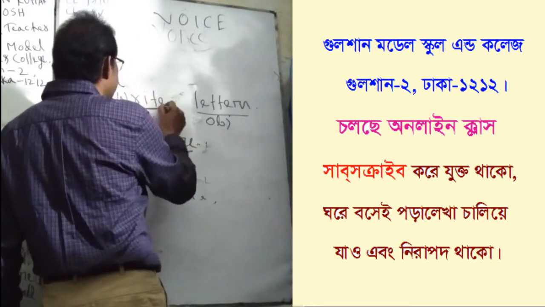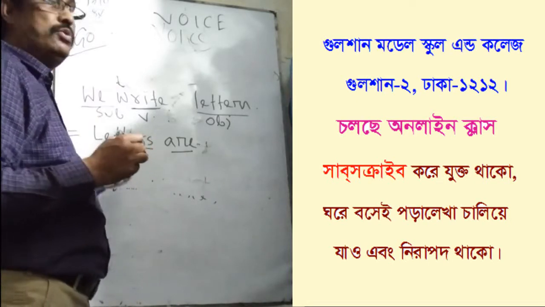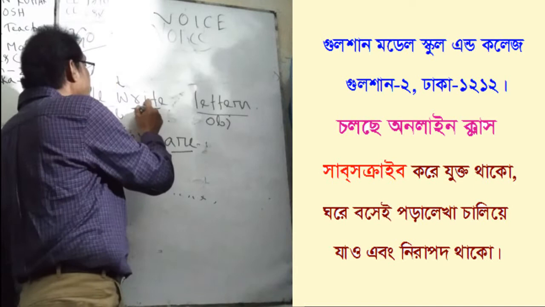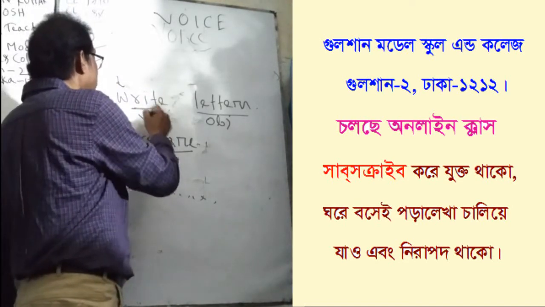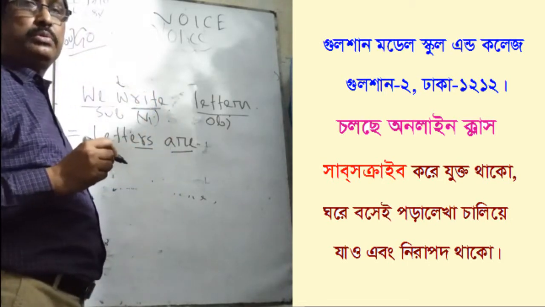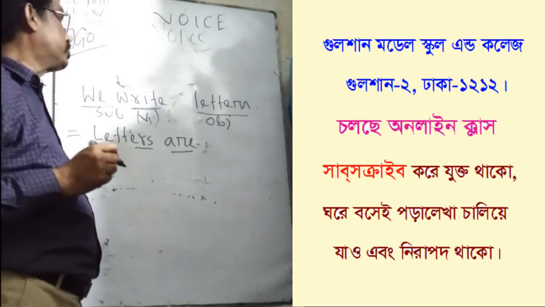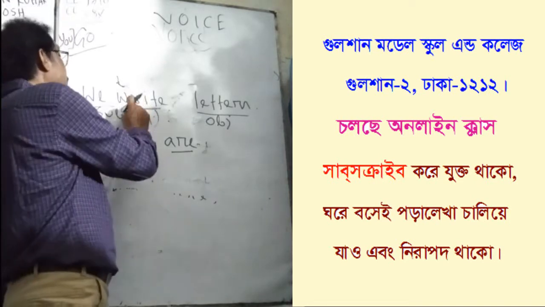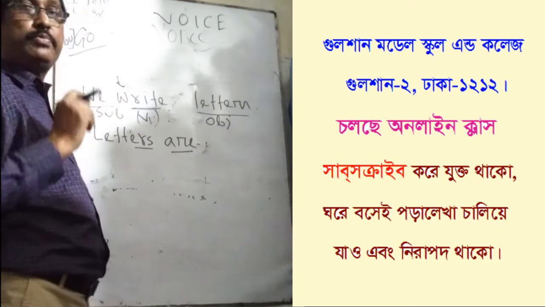then the main verb. In changing the sentence into passive, you have to write the verb in B3 form, not B1 form. You have to change the main verb into past participle form. In all sorts of changing voices, your main verb will be changed into past participle form.